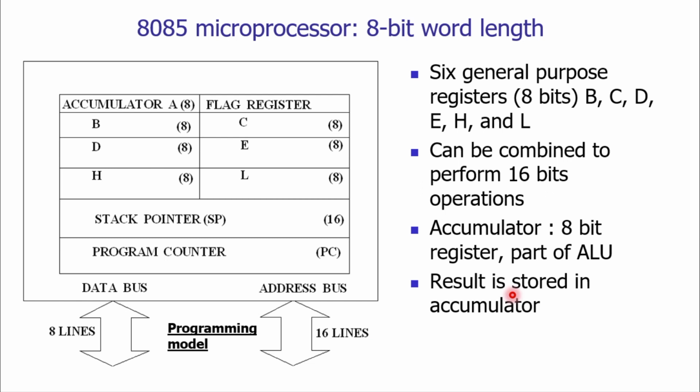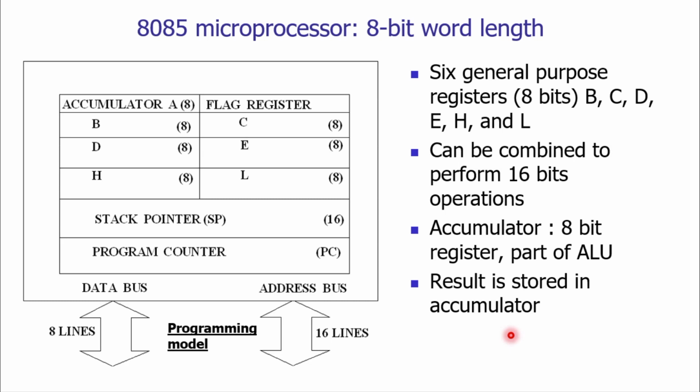The general purpose registers are programmable. It means that a programmer can utilize them to load or copy data from these registers, and to do this, we have to carry out instructions.